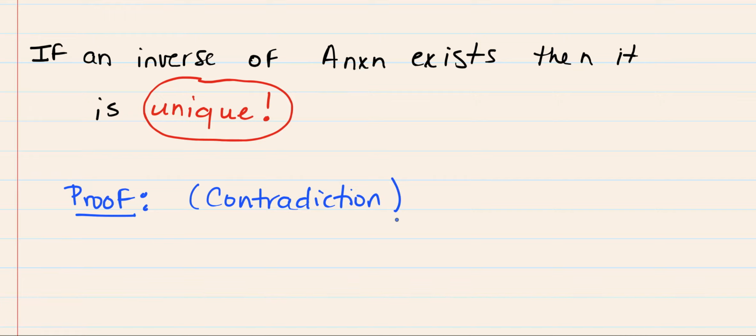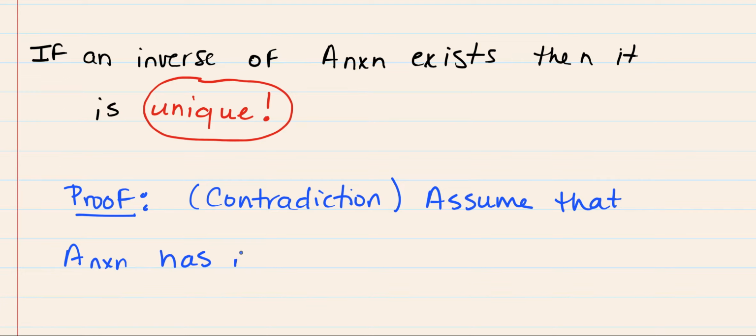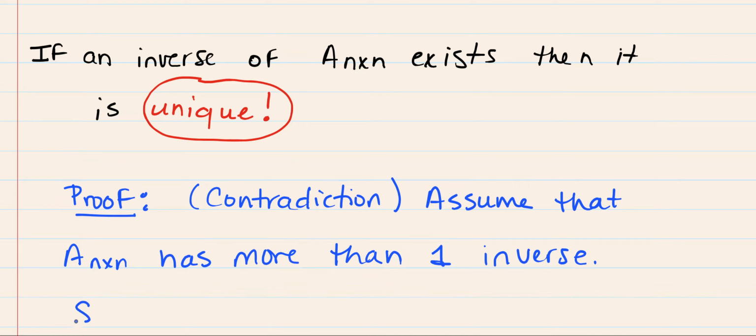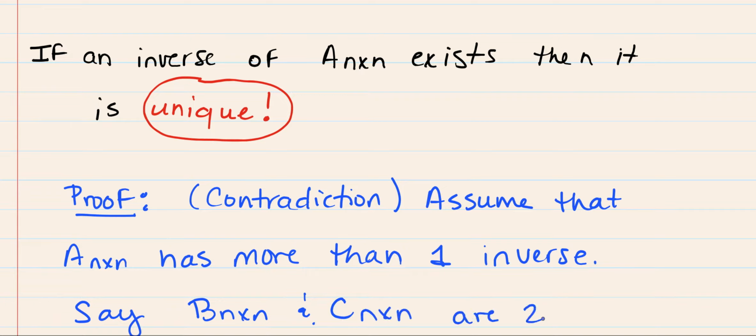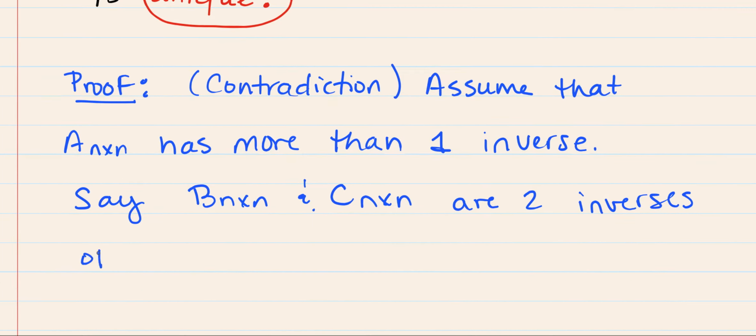That means I'm going to assume that this statement is false. So we're going to assume that A has more than one inverse. So let's say we have B, that's n by n, and C, that's also n by n, are two inverses of A. So we have more than one inverse.